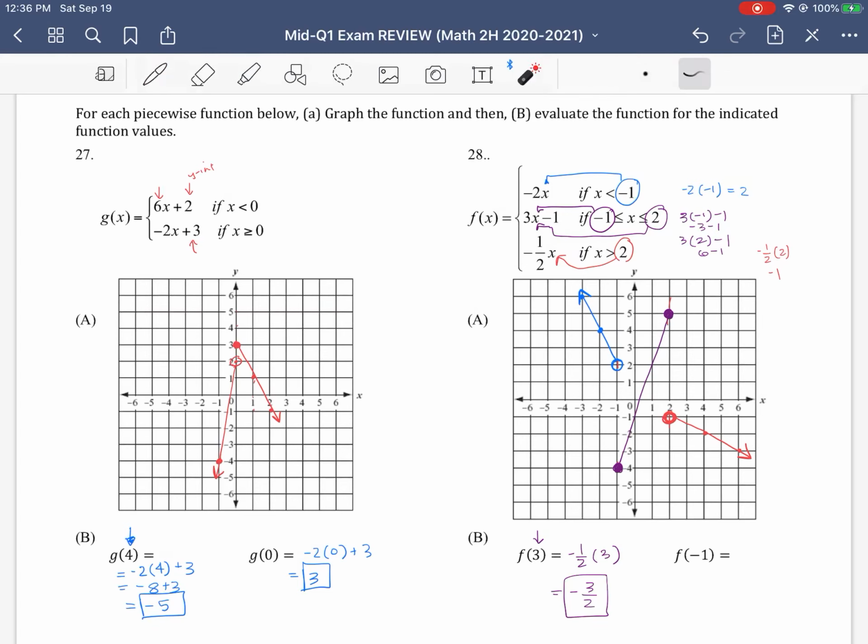It looks like -1 is going to be included in this middle section, so we're going to use that middle function. 3 times -1 minus 1. So -3 minus 1, we know, is -4. And notice that matches our graph, right? So when the graph is at -1, our function is filled in down here at -4.